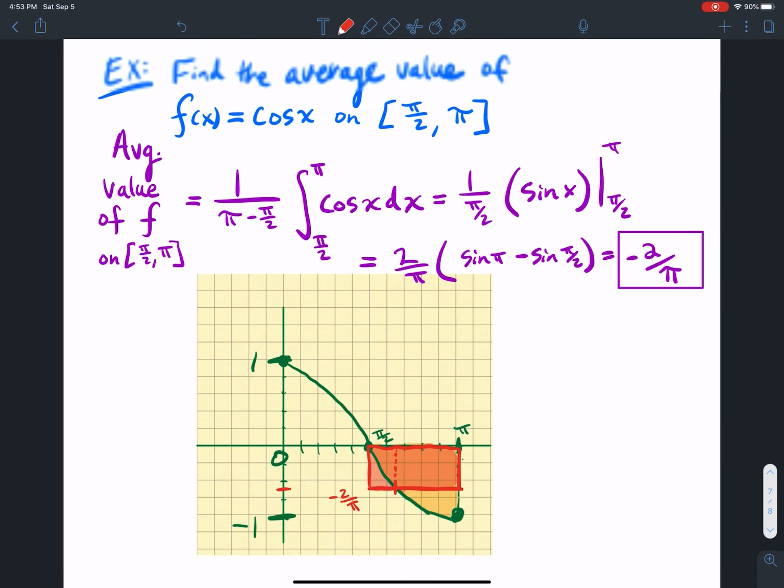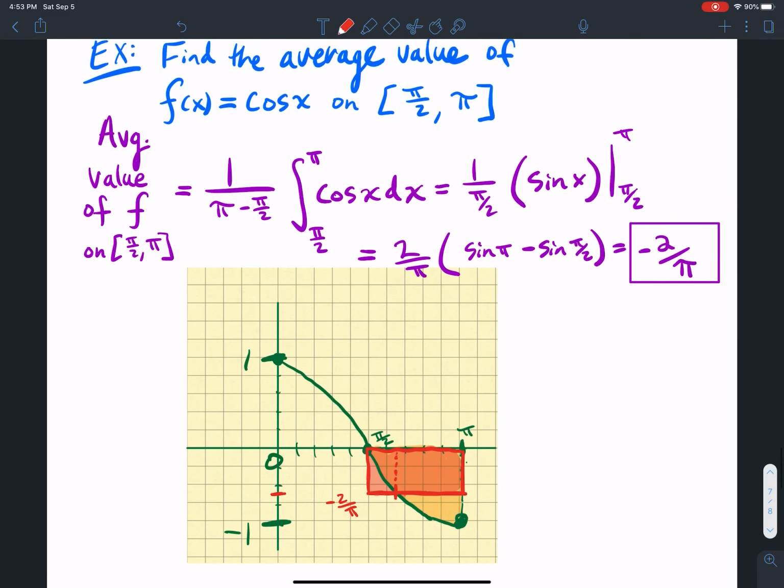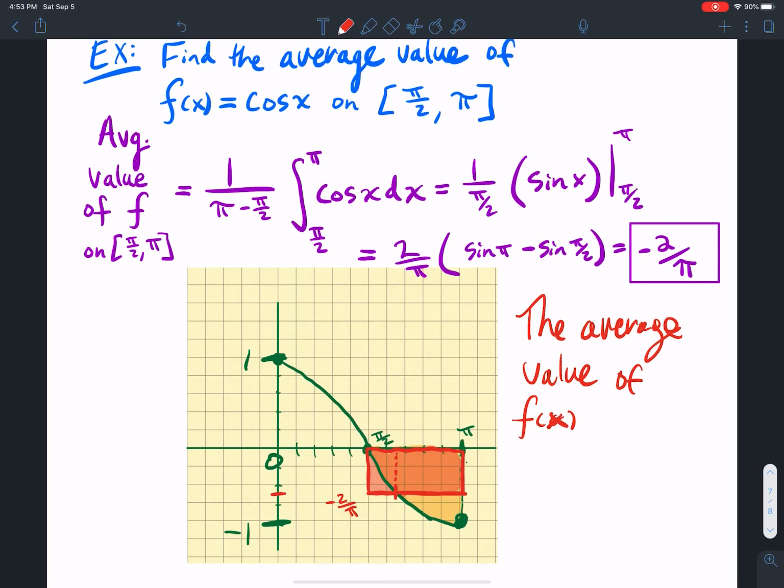All right, so the average value of the cosine function on that interval, the average value of f of x equal cosine x on the closed interval from pi over 2 to pi, is -2 over pi.